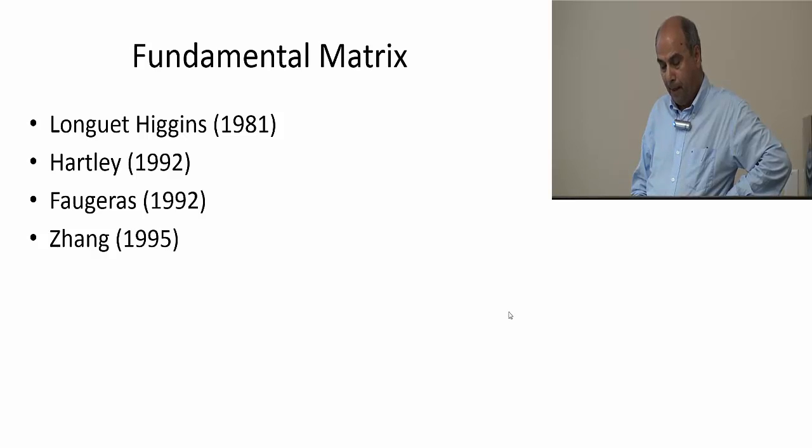And we will also talk about Hartley's method, the 8-point algorithm, to compute the fundamental metrics. So first we apply this, and we'll apply this. And so Zhengyou Zhang was a PhD student under Faugeras. So all these guys are somehow related.